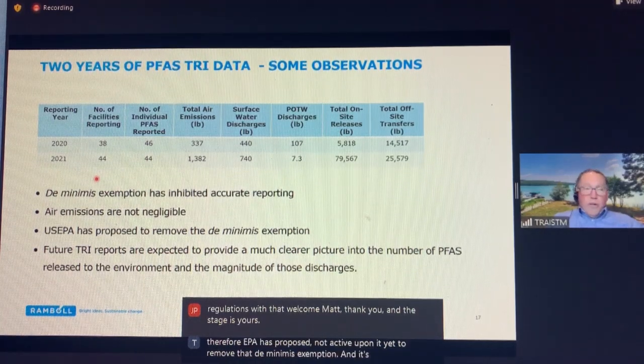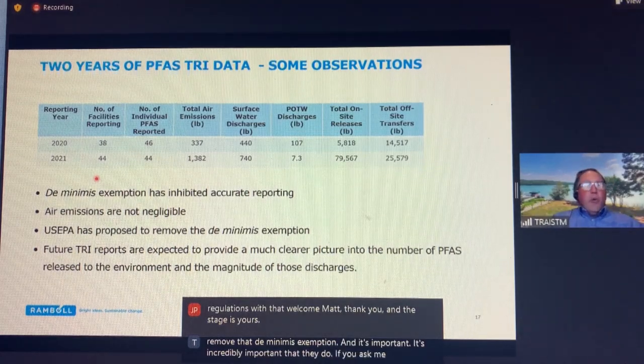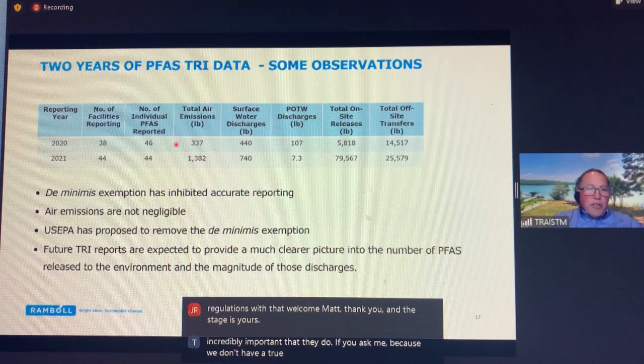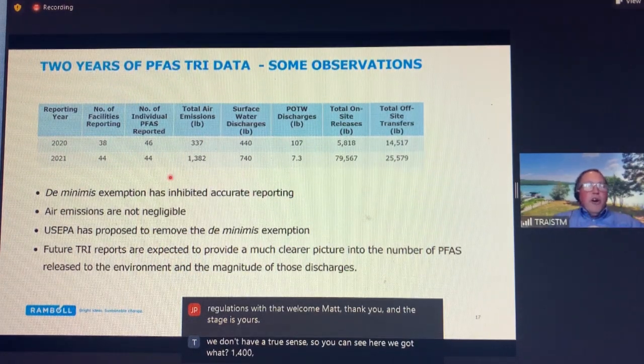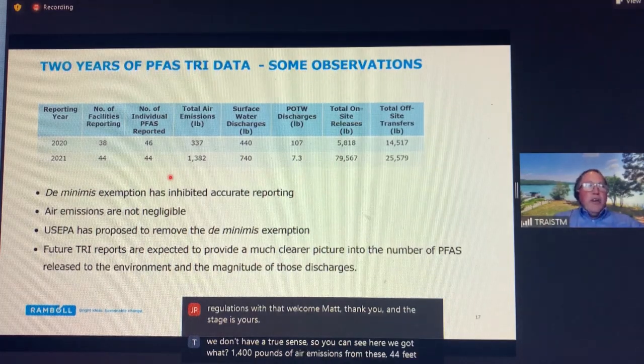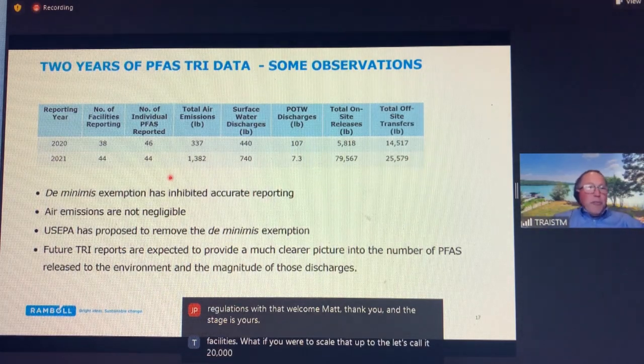And it's incredibly important that they do, if you ask me, because we don't have a true sense. So you can see here, we got 1,400 pounds of air emissions from these 44 facilities. What if you were to scale that up to the, let's call it 20,000 facilities that may actually use PFAS compounds?